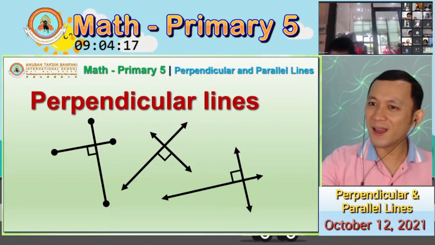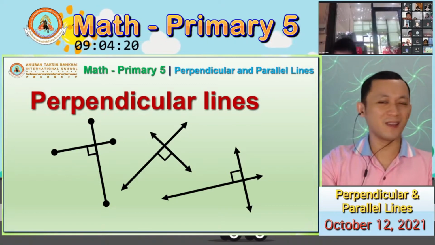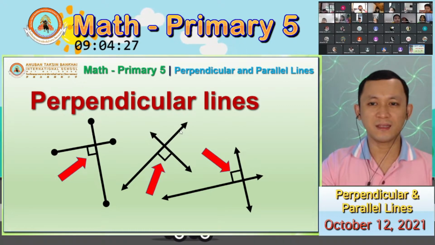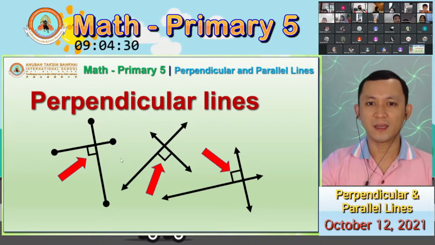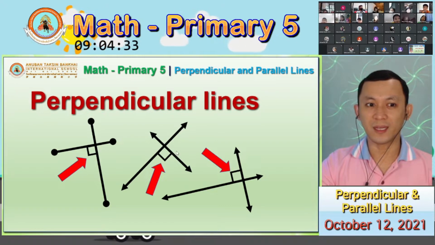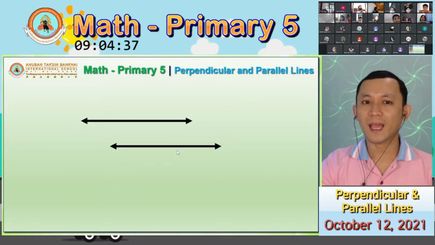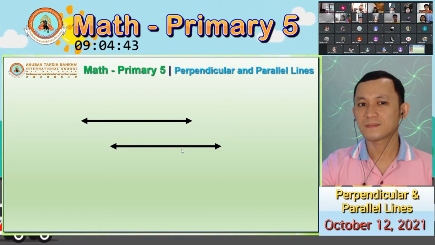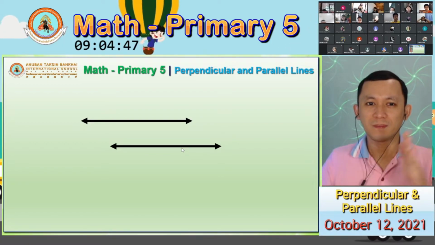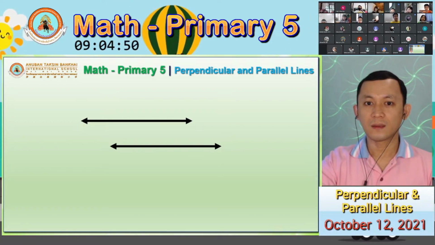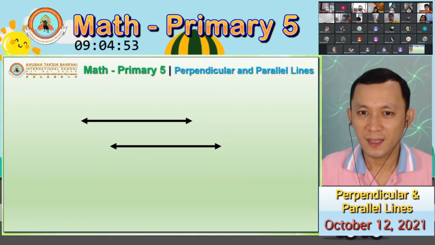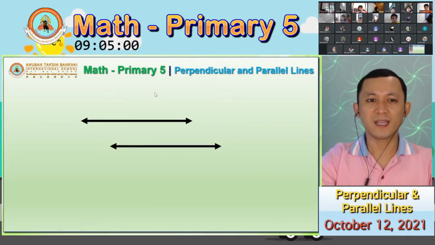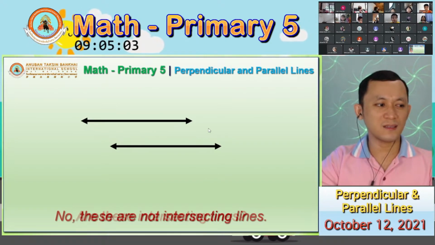So again, perpendicular lines. How do you know they are perpendicular lines? Because of the symbol. Remember that. Next, teacher, are they intersecting, yes or no? Do they intersect, yes or no? No. Let's extend them. I will extend them, they should intersect. Teacher, they are not intersecting lines.